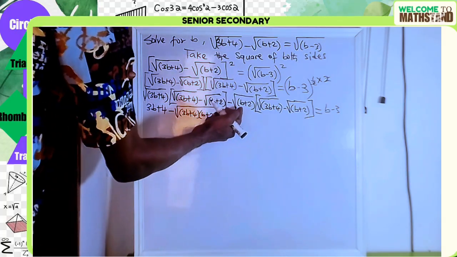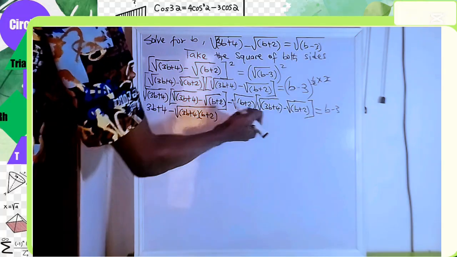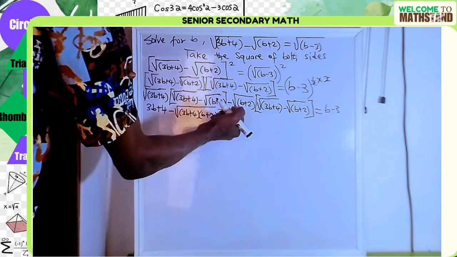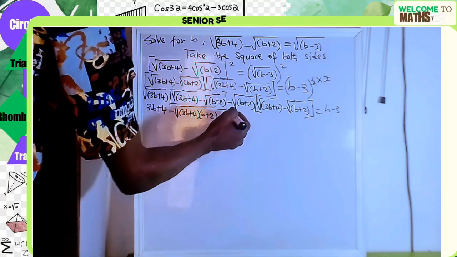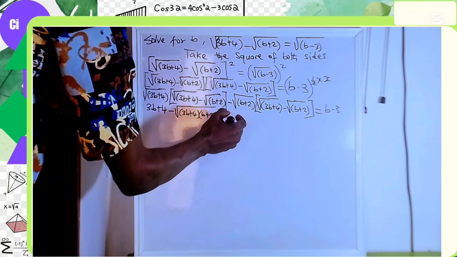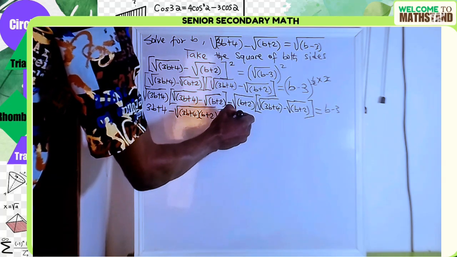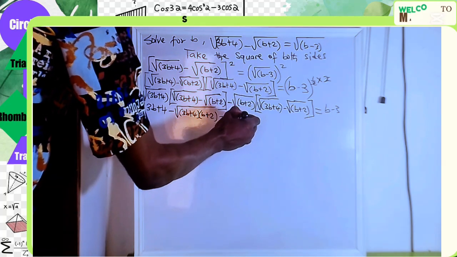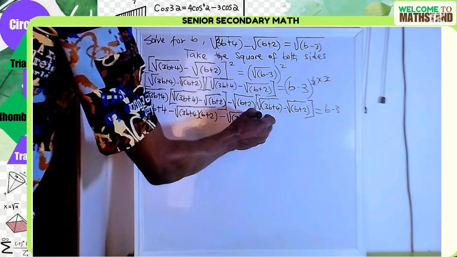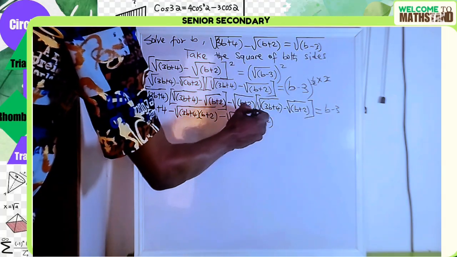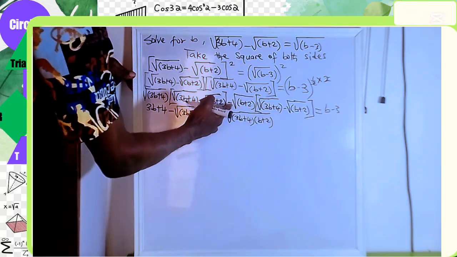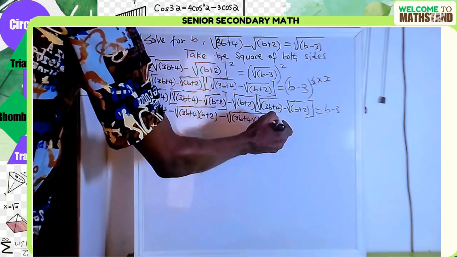So now when we are done with this part, we now go to this other part. Minus, so square root of b plus 2 multiplies this, so it's still going to give us the same thing: minus square root of 3b plus 4 and b plus 2. Good. Then the last part, minus times minus here is plus.